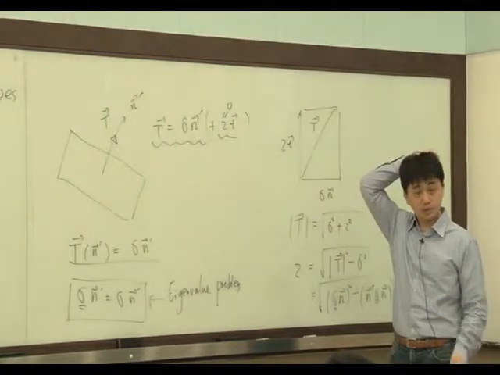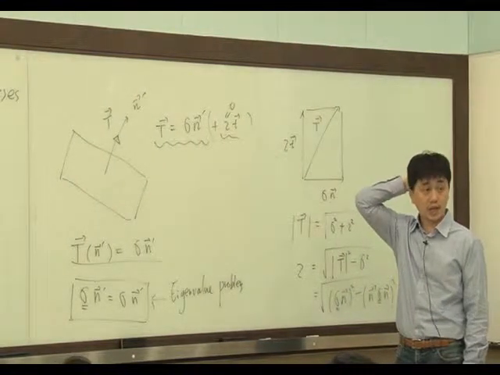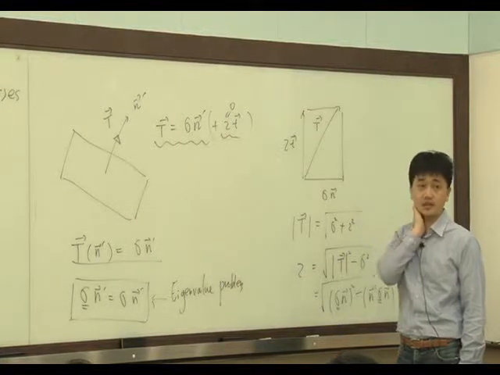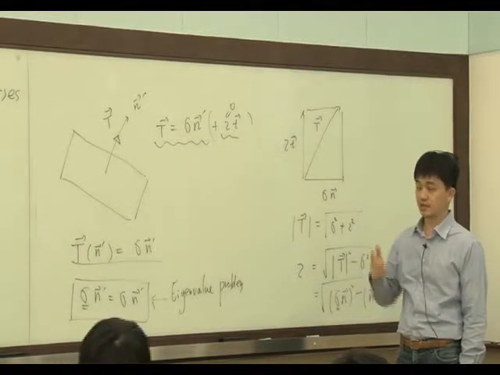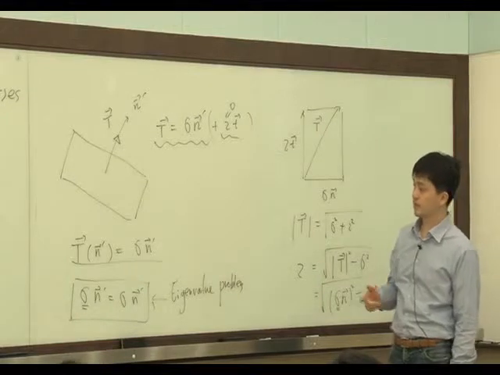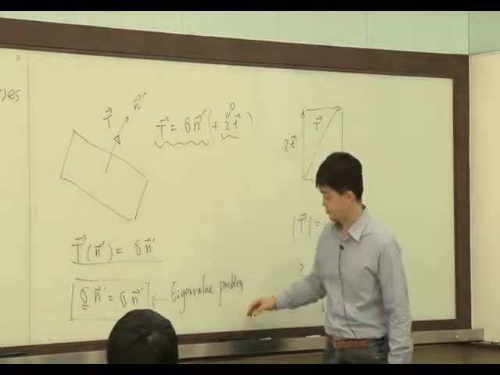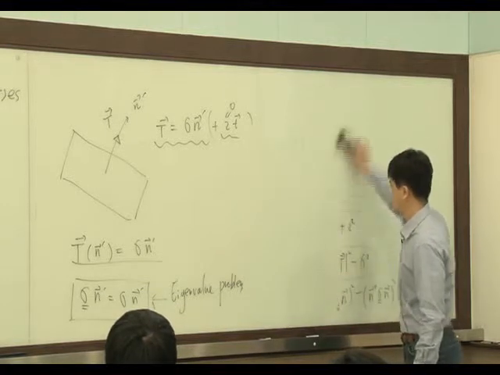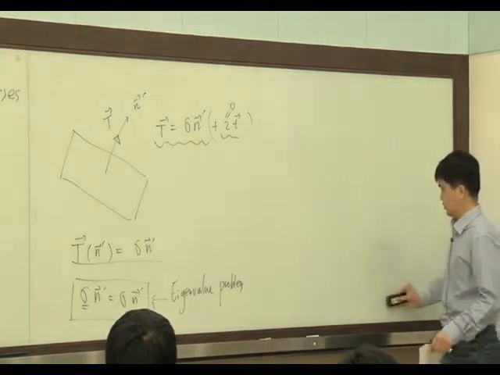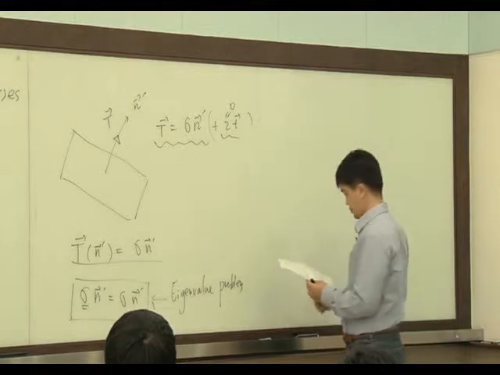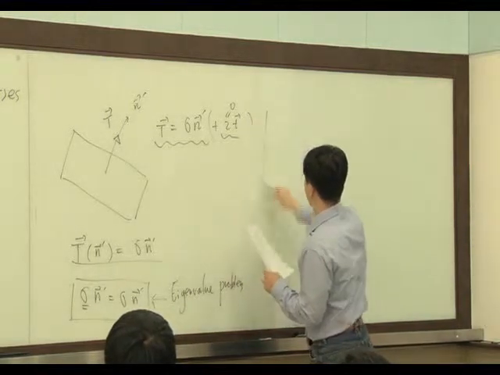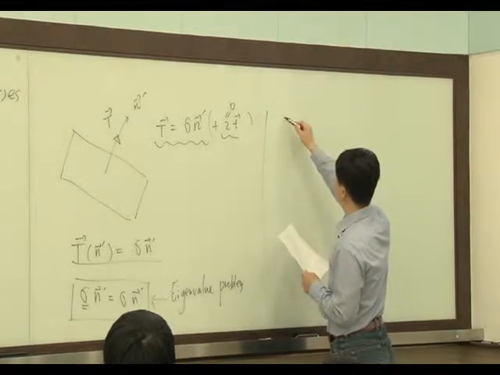So if we solve the eigenvalue problem, we can find the direction, this direction, and the corresponding stress. So this is an eigenvalue problem. If we solve this eigenvalue problem, we can find eigenvalues.